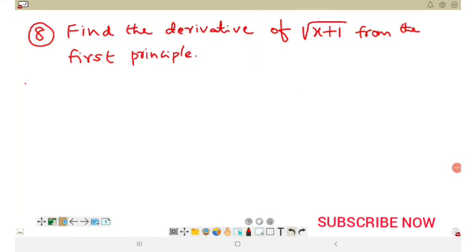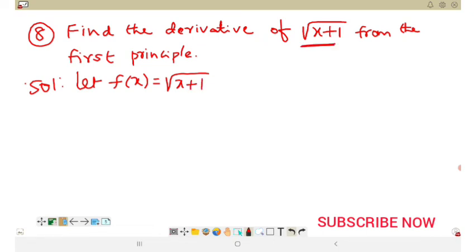Next one, find the derivative of root x plus 1 from the first principle. Solution. Let f of x be the given function, that is root x plus 1, and f of x plus h, substitute x equal to x plus h, root of x plus h plus 1.